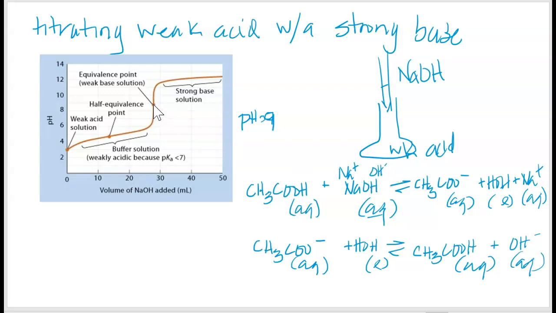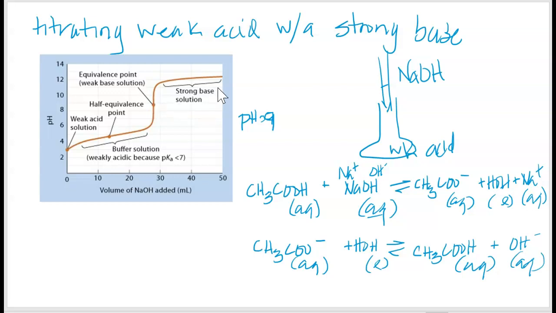But before we get to the equivalence point, we have a lot of acid and we're adding hydroxide ion. As we add hydroxide ion, some of the acid reacts with the hydroxide to form acetate. So you have some acid and some acetate ion here. This is the buffering region.